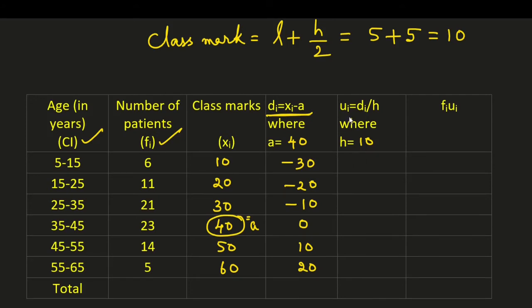The step deviation ui is equal to di by h. So minus 30 by 10, we get minus 3. Minus 20 by 10 is minus 2. Minus 10 by 10 is minus 1. 0 by 10 is 0. 10 by 10 is 1. 20 by 10 is 2.